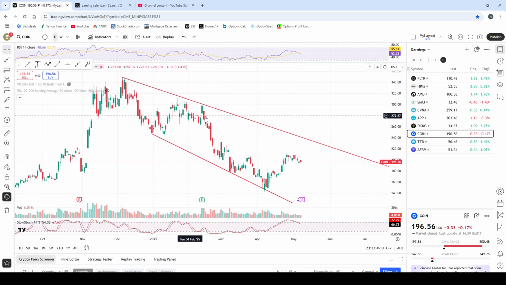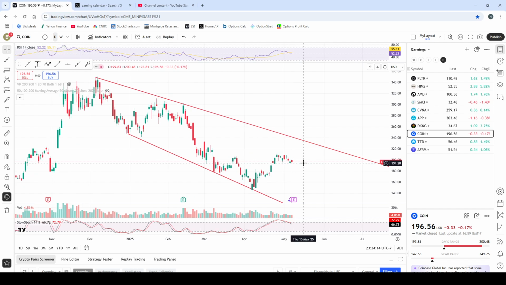So now, in last December, you can see it bounce between this channel. However, for 2 months, it's been moving a little bit lower, but trying to creep back. Okay, trying to change the direction of the trend.